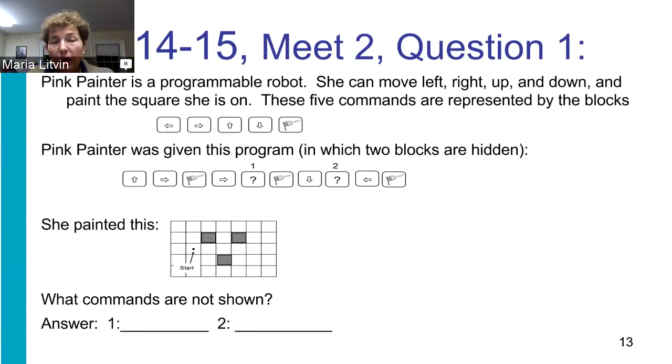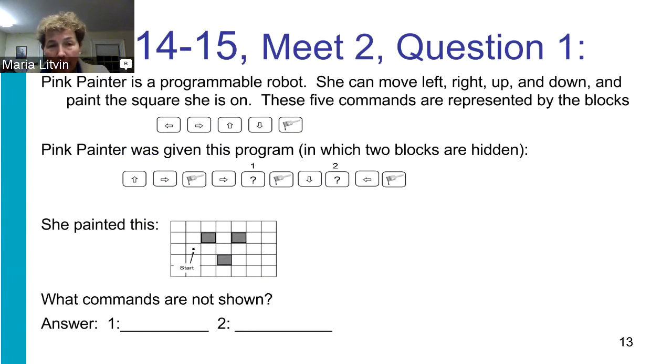So on this slide, as you see, if you did some code.org puzzles, especially graph paper programming, or some online puzzles on Maze, these are kind of similar. This one is called Pig Painter, and she's a programmer robot, and she moves up, down, left, right, and she can paint.